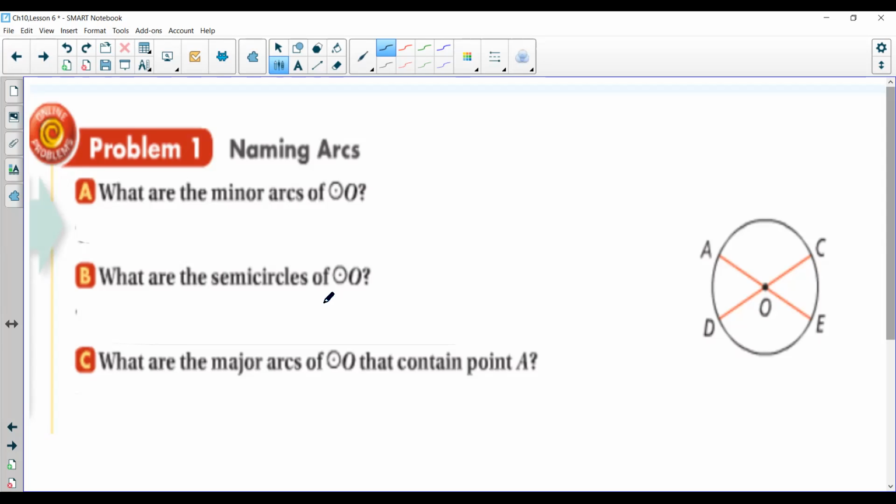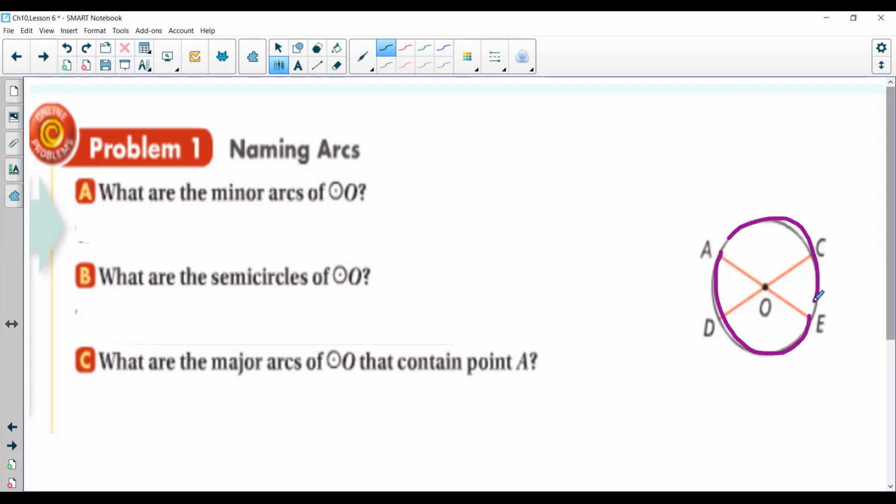Let's name it. As I told you, the first step: where's the semicircle? The semicircle is an arc that cuts the circle into two equal halves. So this is the first semicircle, and this is the other semicircle.